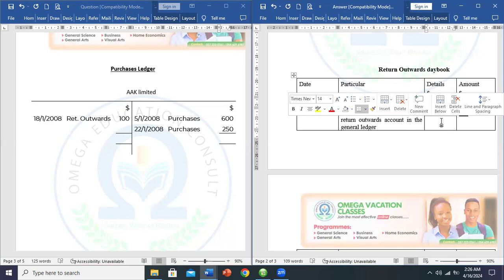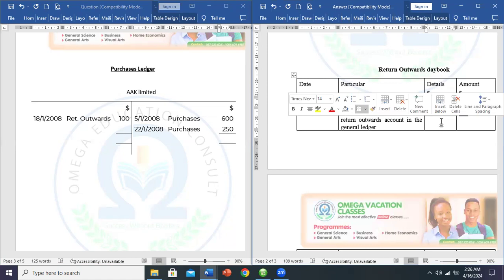So if you skim through a question and you see that there's no need for doing some workings, you can ignore the details column and do your date, particulars, and amount column, just the three. So it's always important to pay attention to the question.